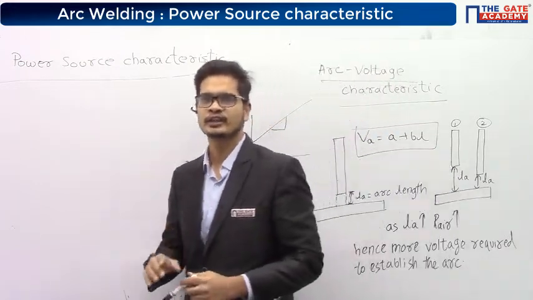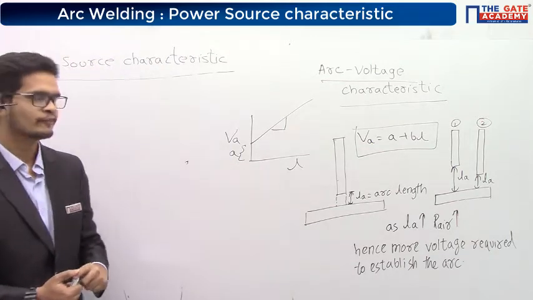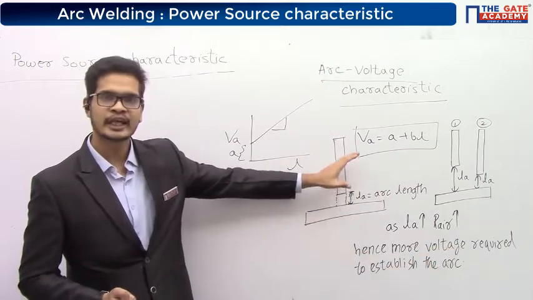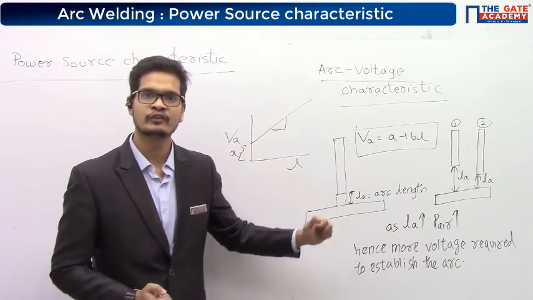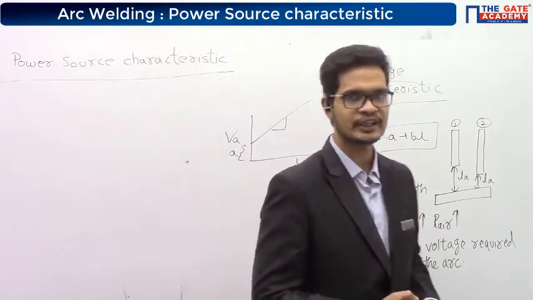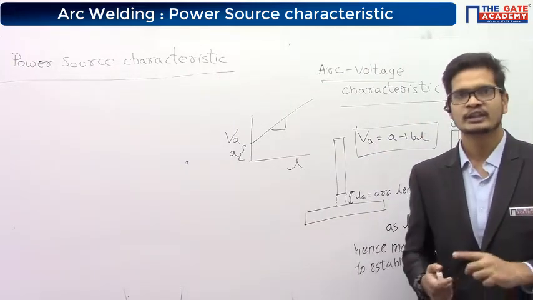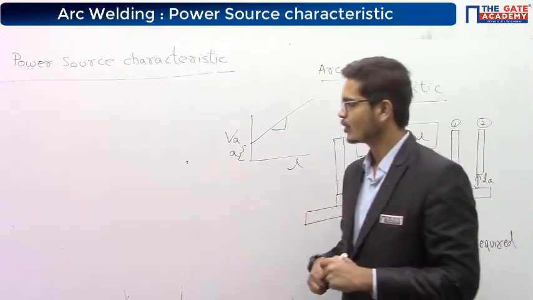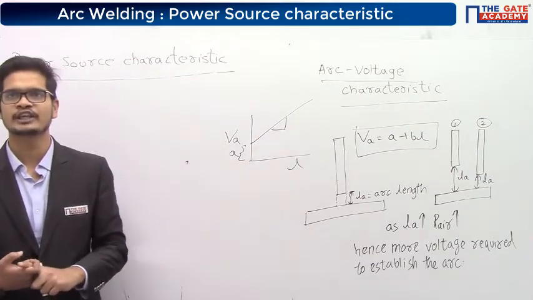Because of that, the voltage will keep on changing, and then the current will keep on changing. Therefore, we need a power source such that even if the voltage is changing, the current should not change. On the basis of that, we get the first power source, that is called constant current power source.